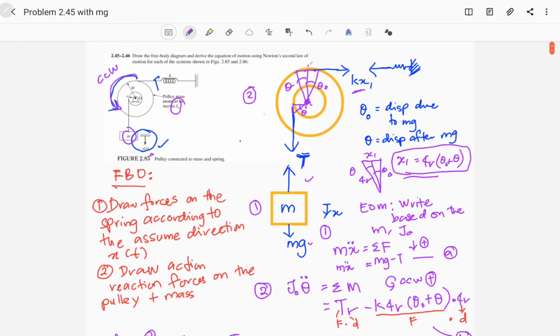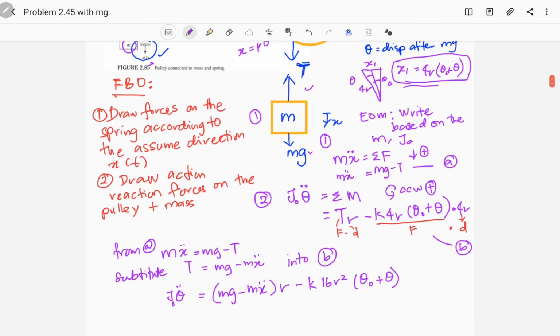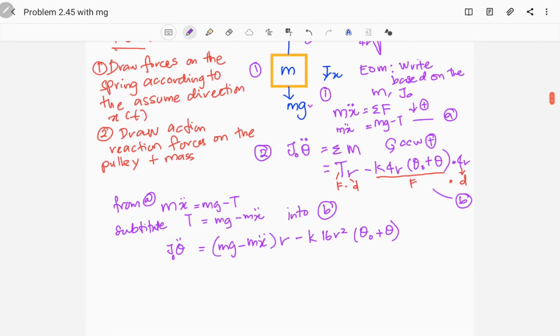So if you look at this small triangle here, your x and theta, the relationship will be x equals to r theta. So you want to write everything in terms of theta. Also you want to express all your theta naught in terms of mg, because you will need to cancel out your theta naught and mg.